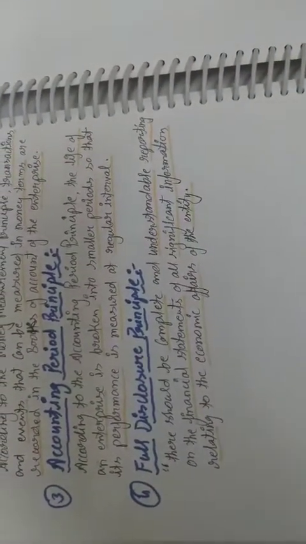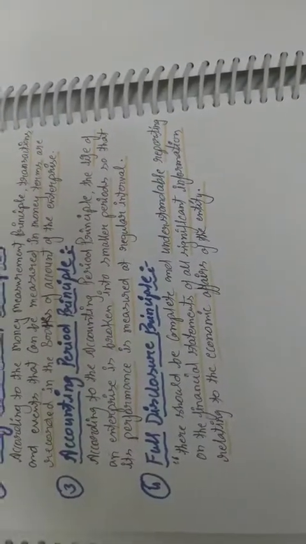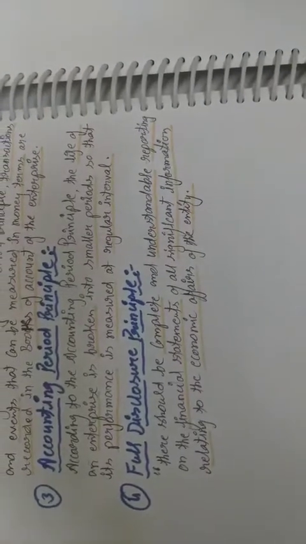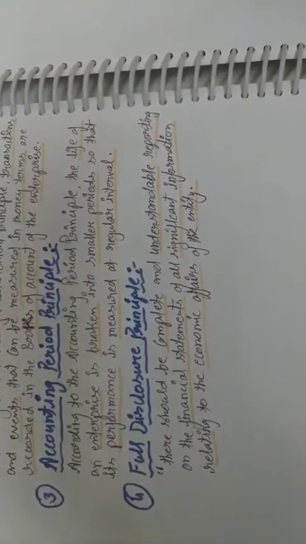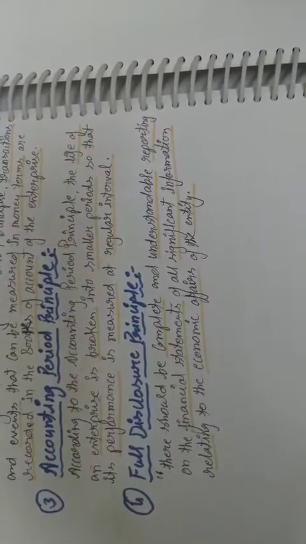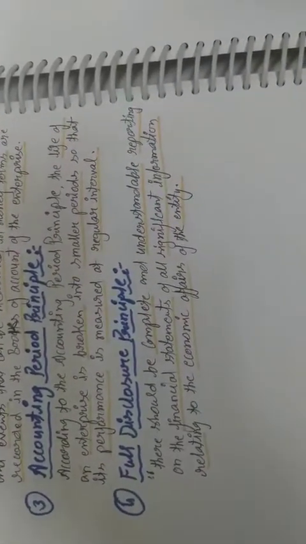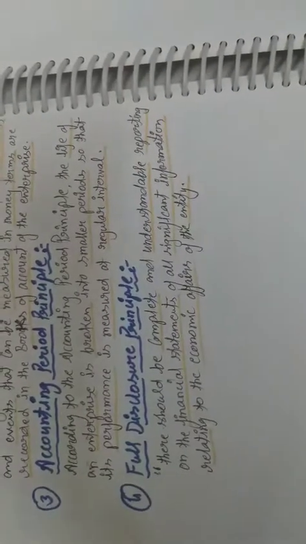Whatever economic transactions there are in that business, all of them have to be recorded completely. Nothing to hide and nothing to leave out. Okay, so complete transactions would be there, and those transactions should be in a manner that can be understood easily.